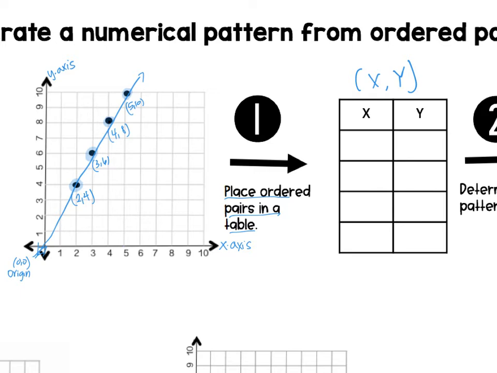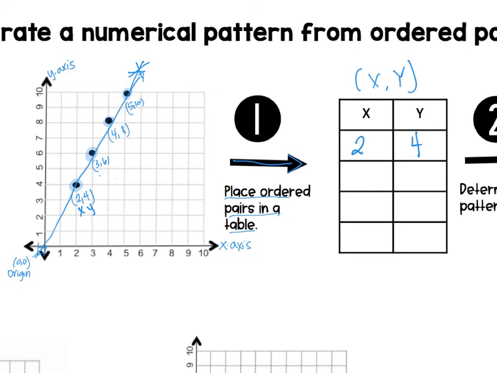We're going to put these ordered pairs from this coordinate plane into this table over here. We're going to start with the bottom, because that's the one we labeled first. So x is first and y is second. I'm going to place this in my table. The 2 goes in under the x, and the 4 goes in under the y.